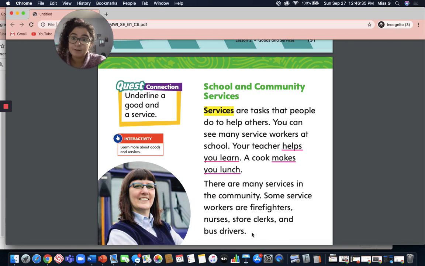An example of a service is from a bus driver, because a bus driver is giving us a service of bringing us from our homes to school, or from school to our homes. The service that they are providing us is driving us around.